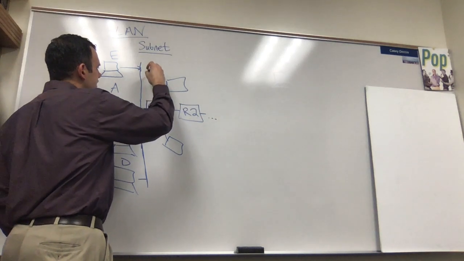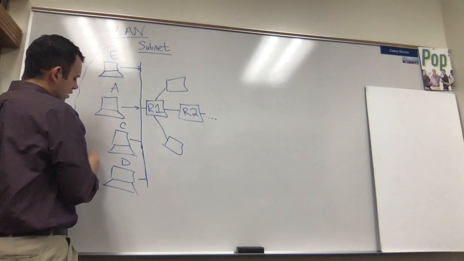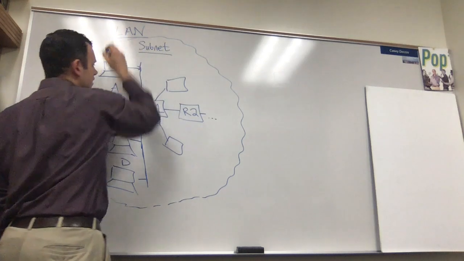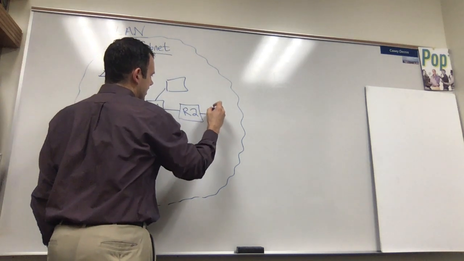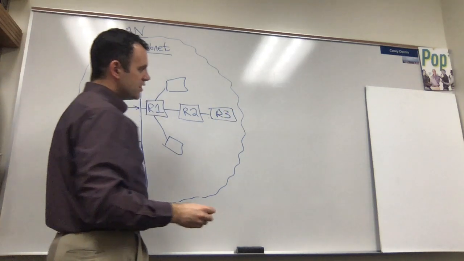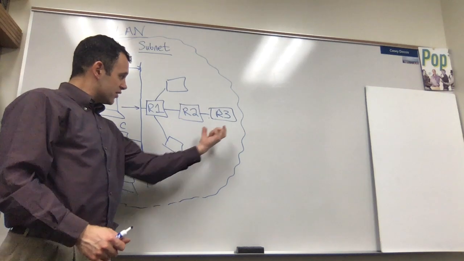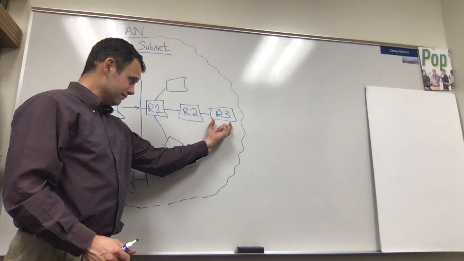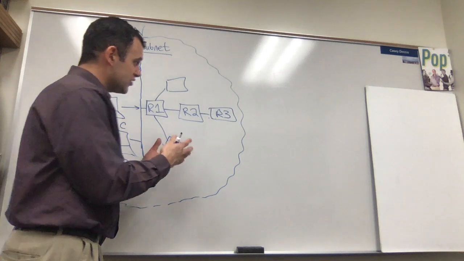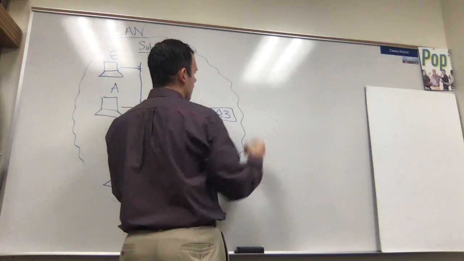So let's say that this local area network is all inside BYU, and even as I get up to this next router, which I'll call R3, this is BYU's network, and then maybe this is BYU's border router, which means BYU would have to establish a relationship between itself and some other entity, another organization.